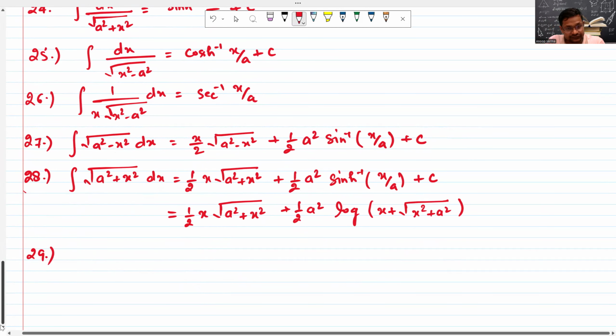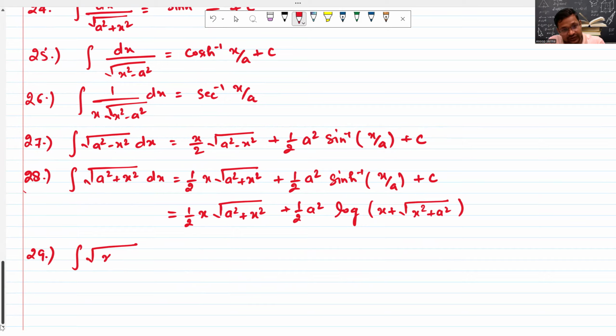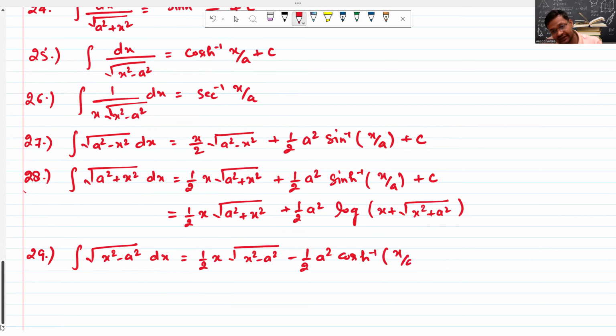The 29th one: the integration of root of x square minus a square dx is equal to 1 by 2 x root of x square minus a square minus 1 by 2 a square cosh inverse of x upon a plus some constant c.